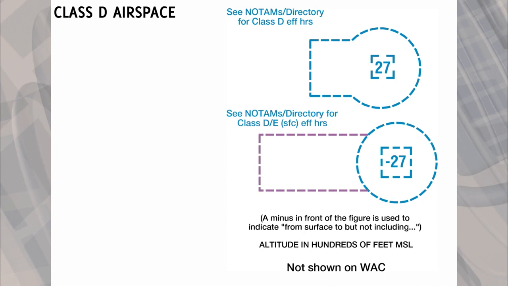Now, a lot of people get confused and think that you have to have a waiver or a LAANC approval to be able to fly in that area. But just by the fact that it is closed off from the Class Delta airspace, it is its own little entity.